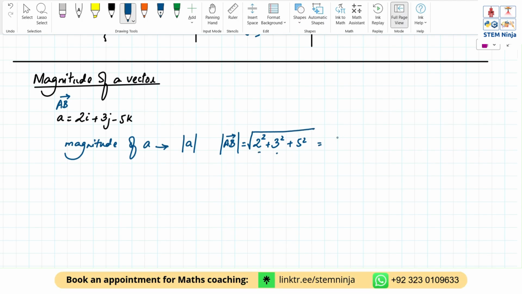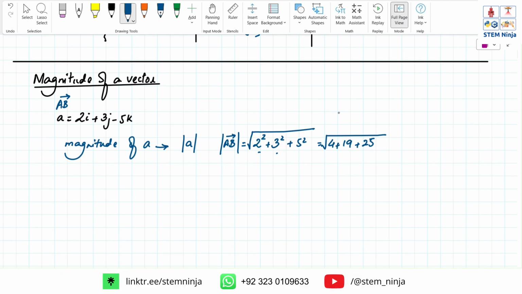So 4 + 9 + 25, so square root of 38... we don't actually have to use the calculator for this because this is easy. This is 16 times 3, so 4 times 4 times 3. So the square root would be represented as 4 square root 3.